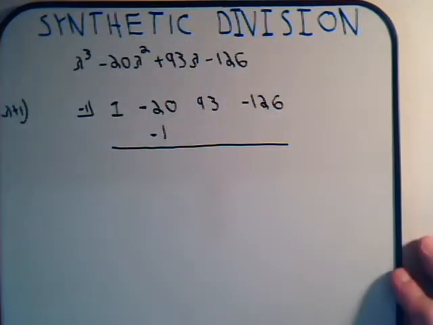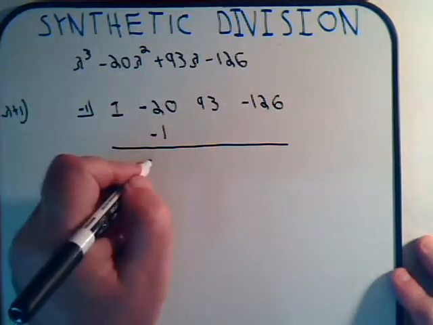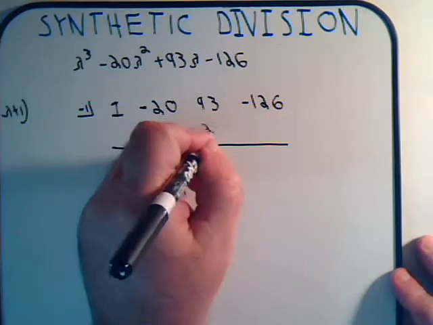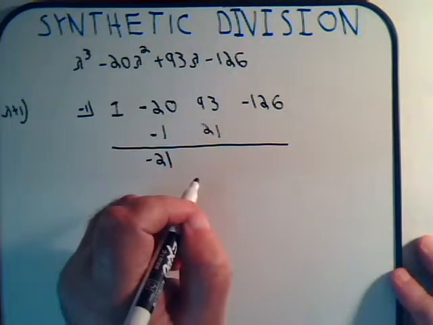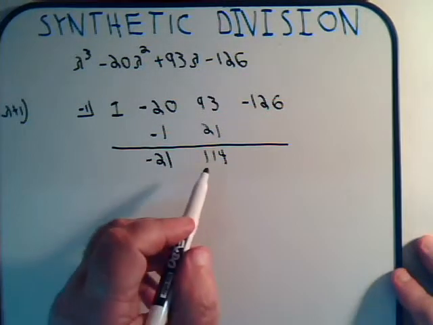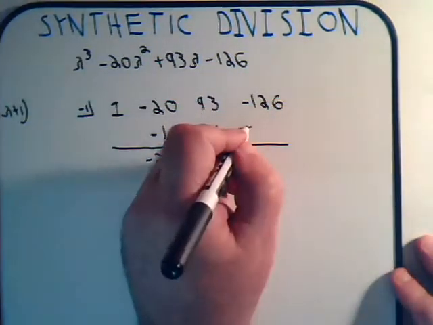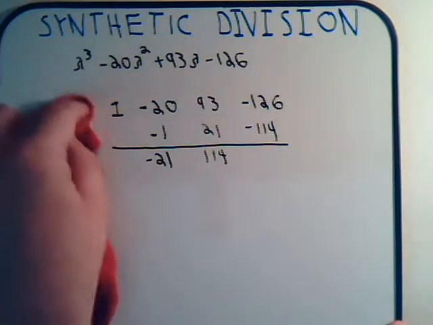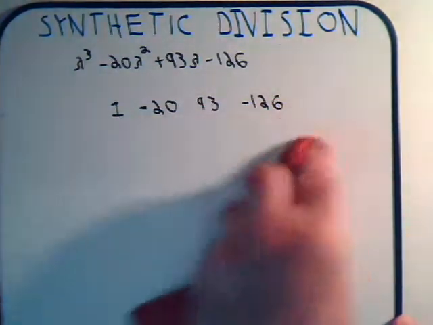Form this column and add and multiply, so this would be minus 21 times minus 1 is plus 21. Add these, this is 114 times minus 1 is minus 114. Those are not going to add up to 0, so don't waste any time. Eliminate this, and let's move along to our next possibility.